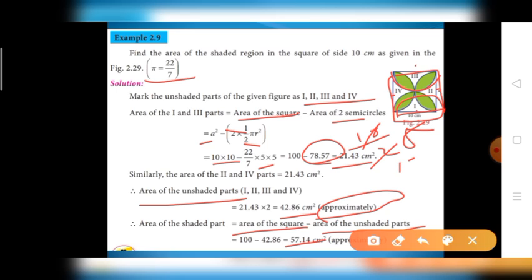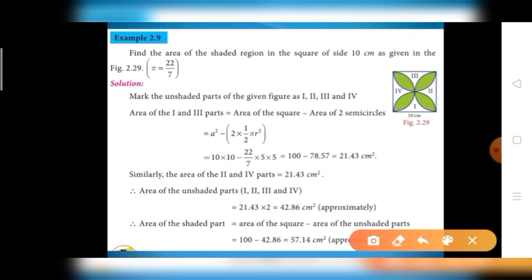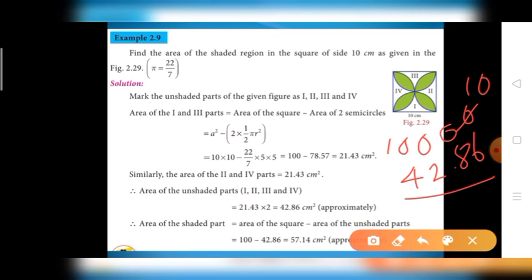Subtract 100 minus 42.86. 0, 0, then borrow means 10. 10 less 6, the answer is 4.